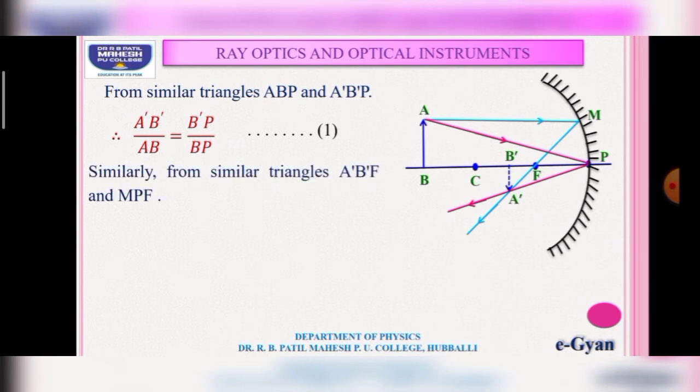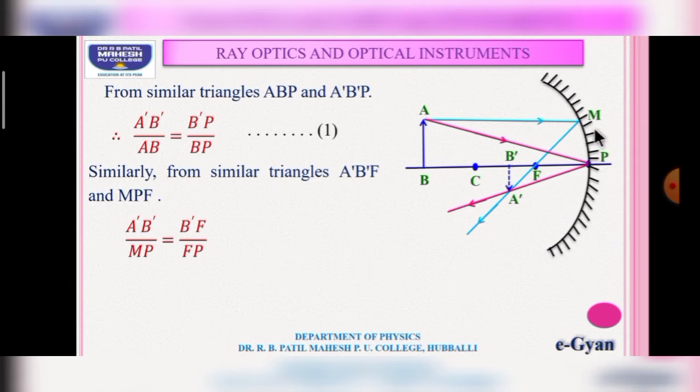Consider another two similar triangles A dash B dash F and MFP. Since these two triangles are also similar, from the properties of similar triangles, we can write A dash B dash divided by MP is equal to B dash F divided by FP.